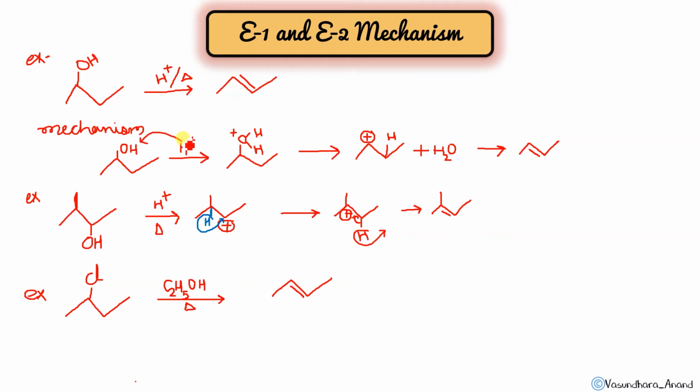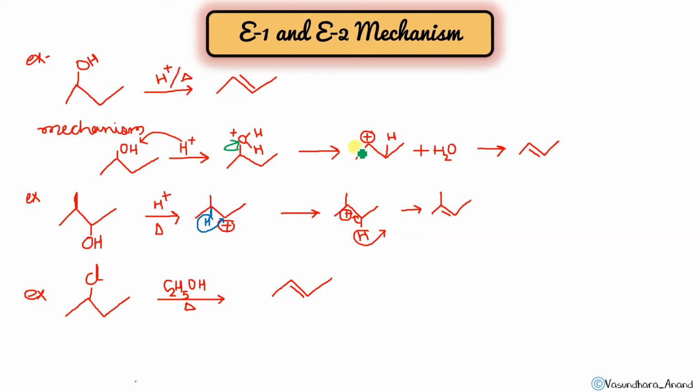This will act on this and form a hydronium ion over here. So this one is less stable. Let me use another color and then I will explain. This one is unstable, so what will happen? This bond will break and it will give you H2O, and due to this we will have a carbocation.